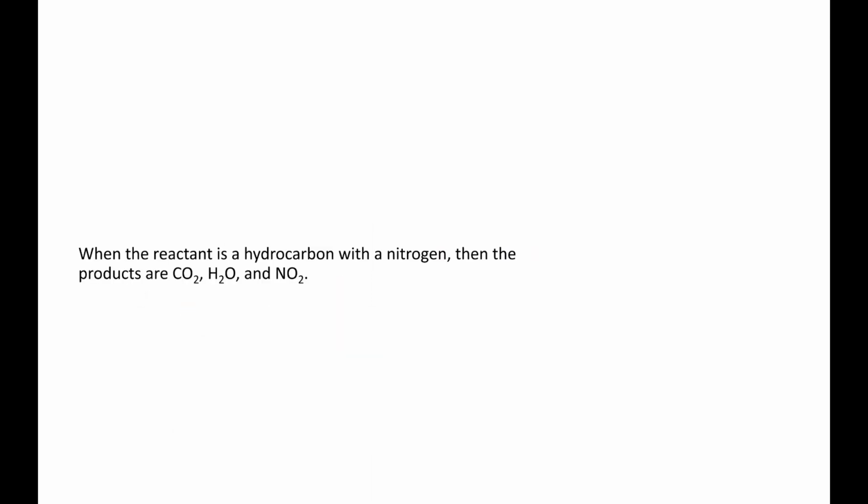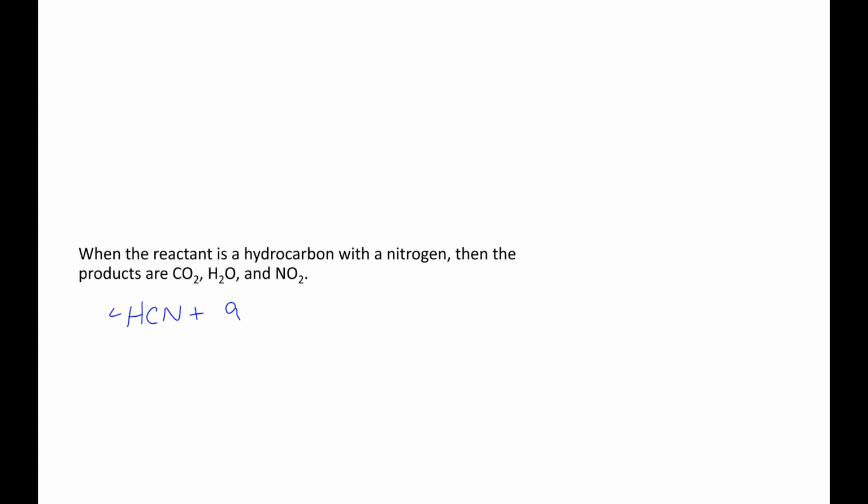Okay, now when the reactant is a hydrocarbon with a nitrogen, then the products are CO2, H2O, and NO2. Now the first one I'm going to give you an example of, maybe I would make you balance it. In this example, I'm not going to make you balance it, but it's hydrogen cyanide. And we're going to burn hydrogen cyanide.